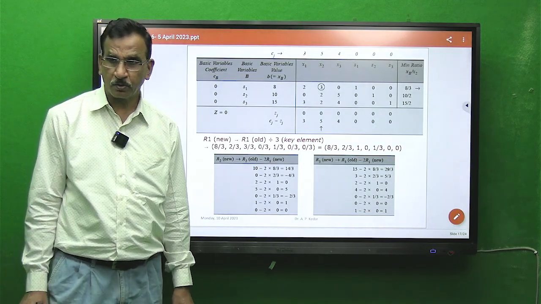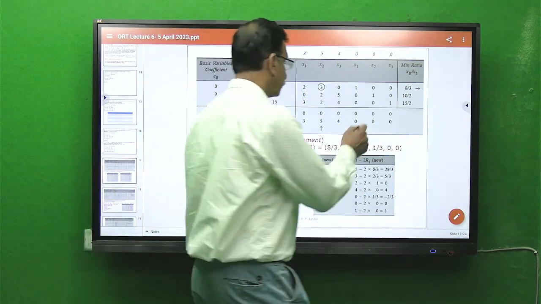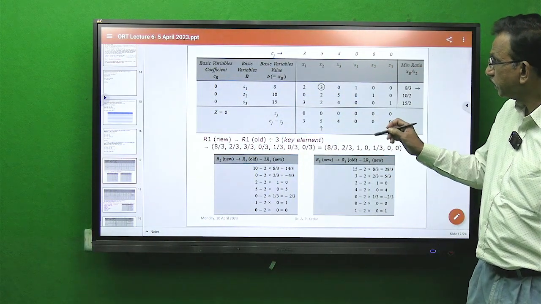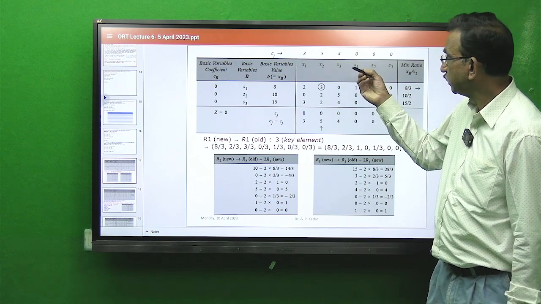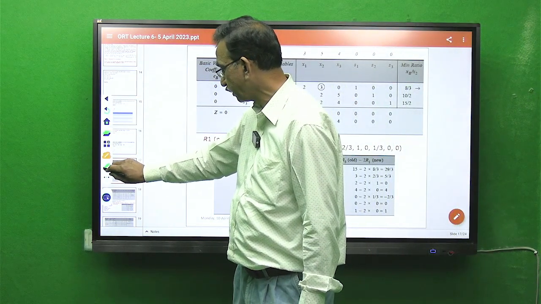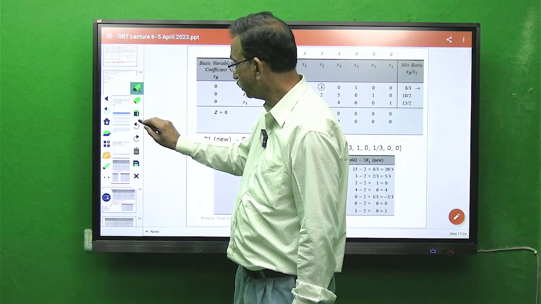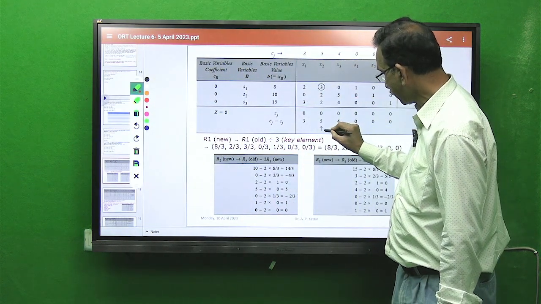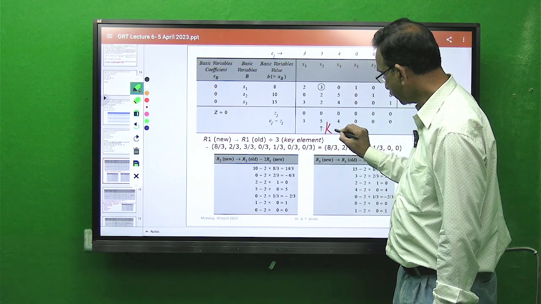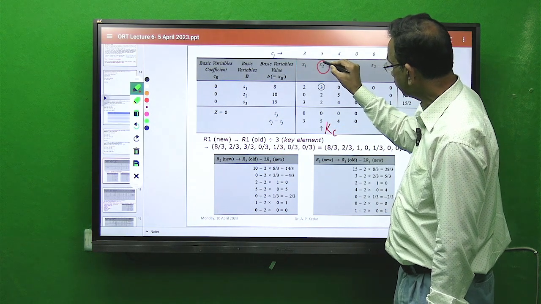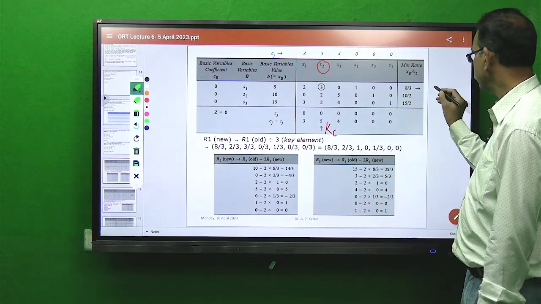If you recall, we have discussed this table in the previous slide, where I said, if you remember my discussion, that this is KC pointing towards X2, and we also discussed 8 by 3.